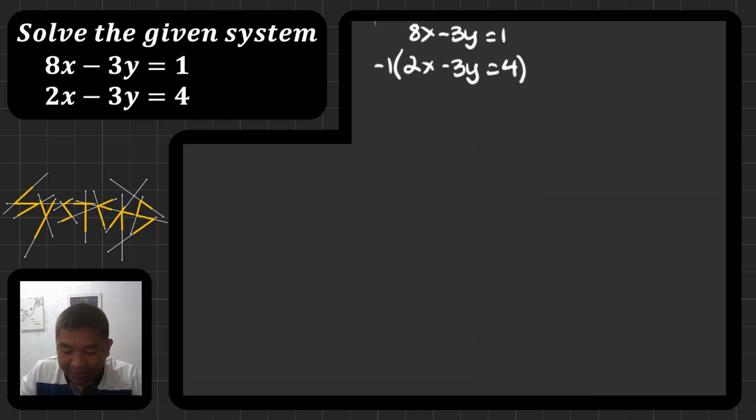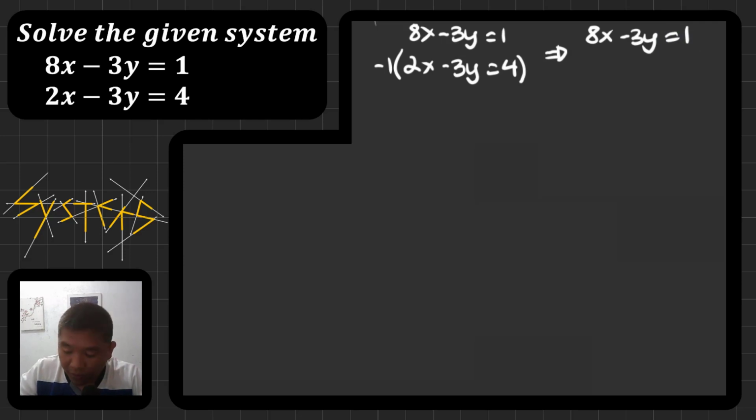Once we multiply the second equation by -1, the -3y of the second equation will become positive 3y. It will be the opposite of the -3y on our first equation, hence we can remove y. So it will look like this. 8x minus 3y is equal to 1. It's still like that.